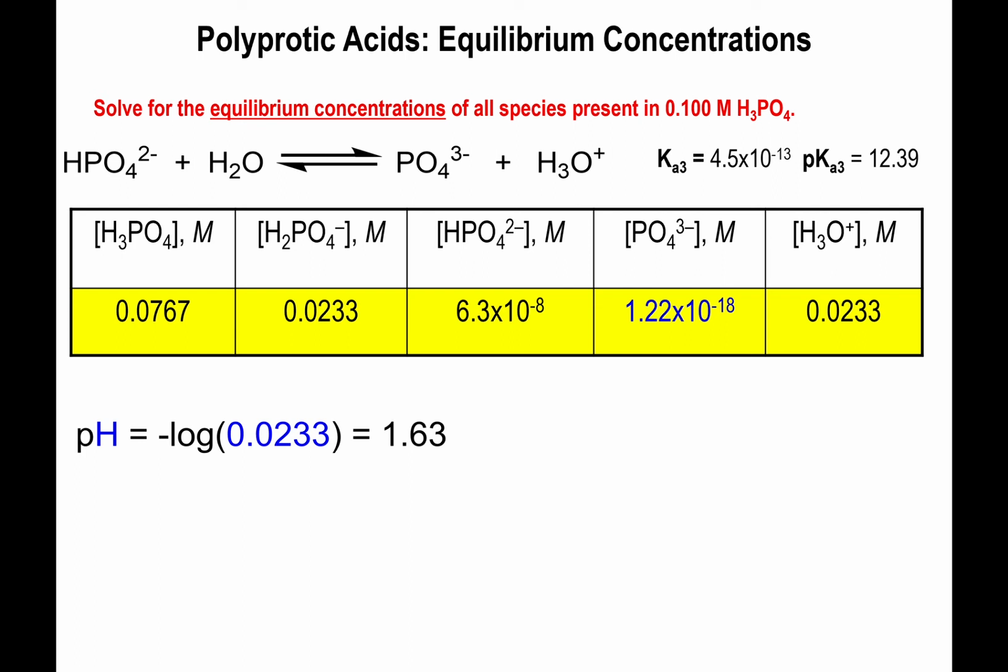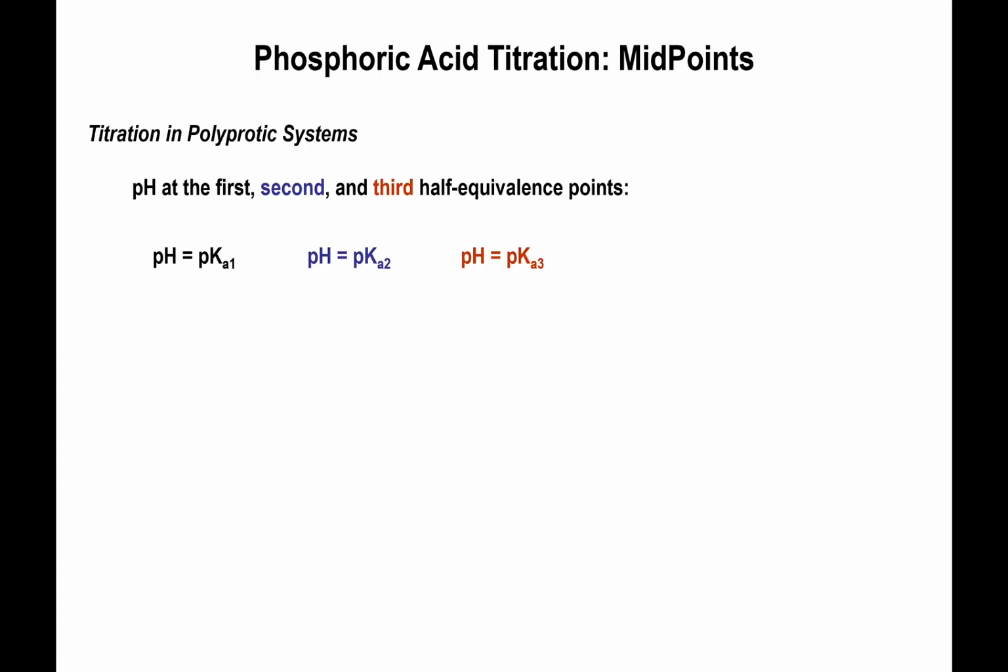So this is the entire premise of how you calculate the equilibrium concentrations, also the whole premise by which you can calculate the pHs at the equivalence point, at the mid-equivalence point for each one of the actual points in the titration curve.